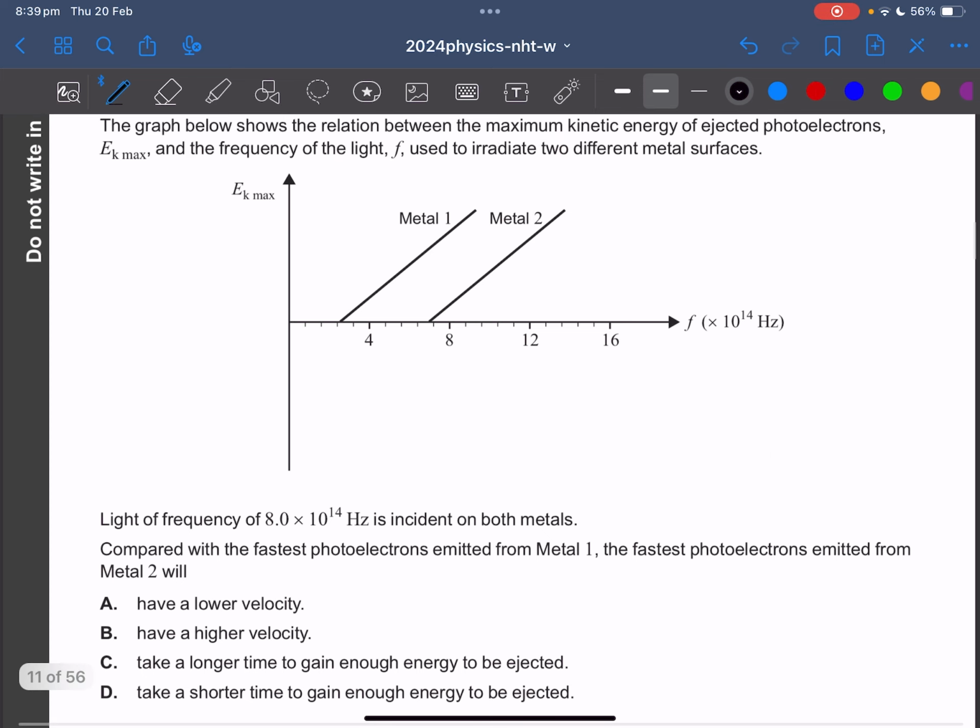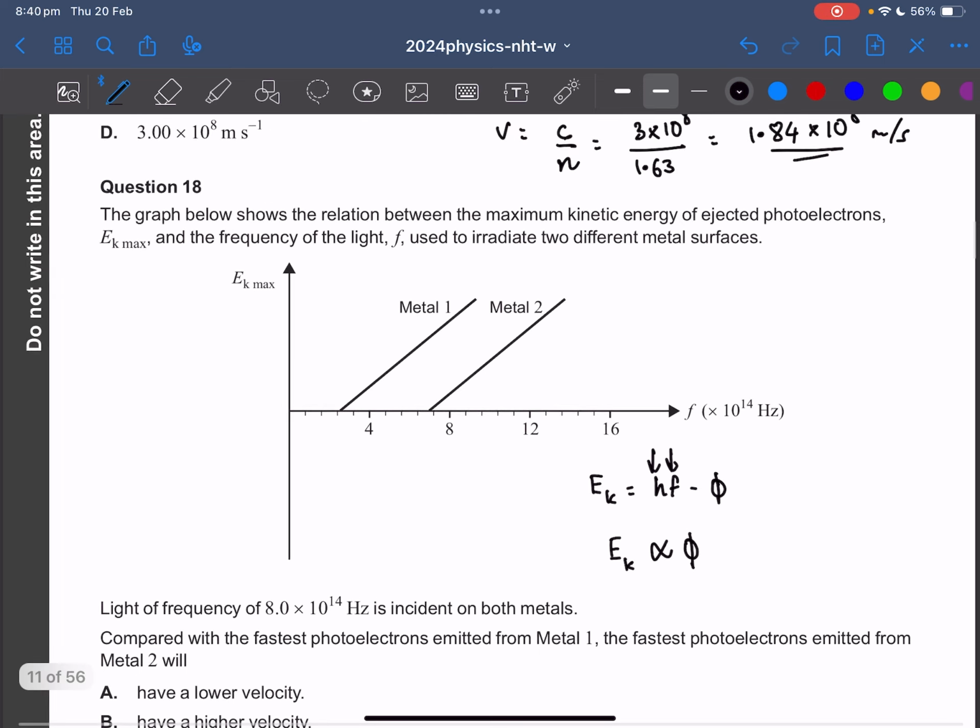Okay, so we do know that EK equals hf, take away the work function, right? So h and f are both constants, because the light is the same for both, and h is just a constant itself. So that means that EK depends on the work function.